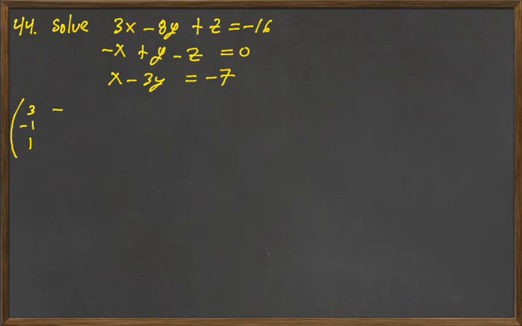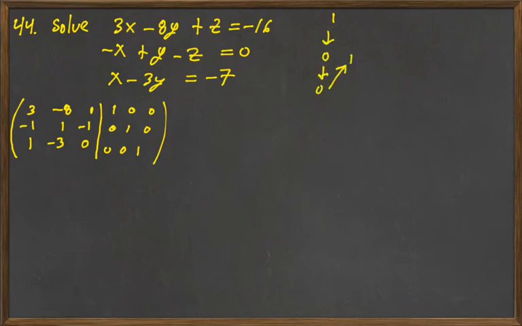The y's will be negative 8, 1, and minus 3. And the z's, there's no z on the last equation, so we'll have a 1, a negative 1, and a 0. Then we're going to augment that with the identity matrix for 3x3s. So there it is. And then we'll write down the pattern that we would like to do.